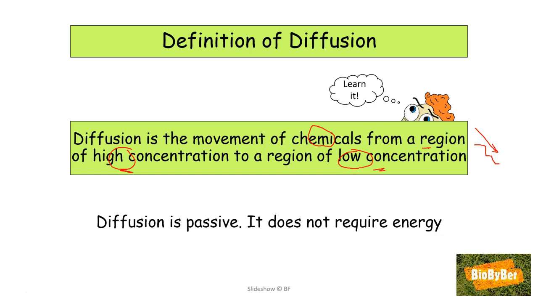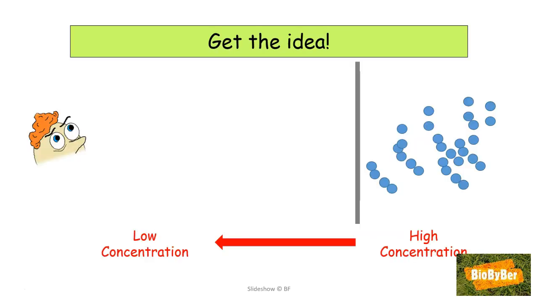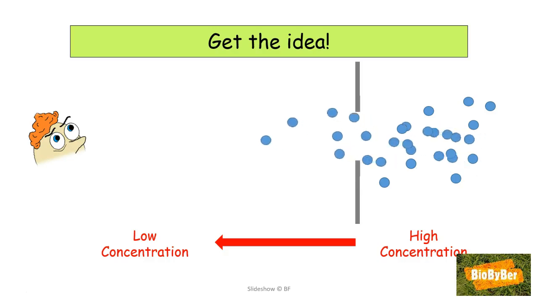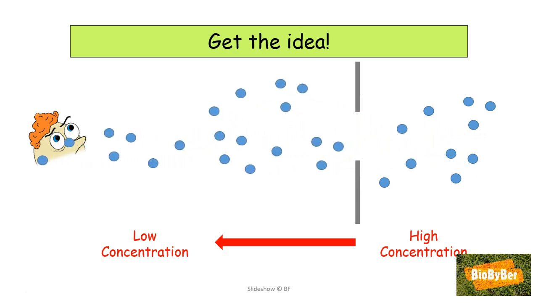The chemicals move from a region of high concentration to a region of low concentration. So the chemicals will move from a region of high concentration from the bottle when it is opened to a region of low concentration through the air until eventually the person at the end of the room will smell it.